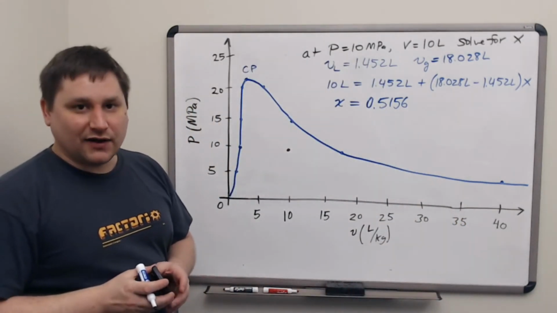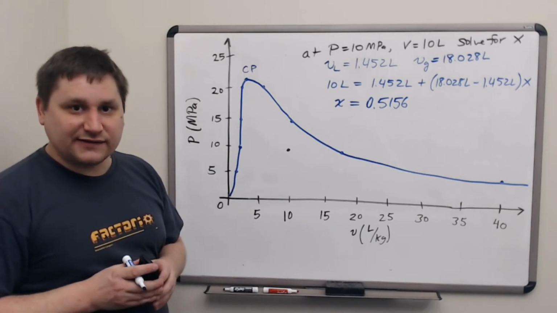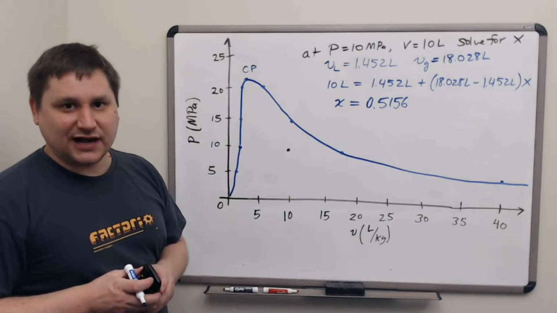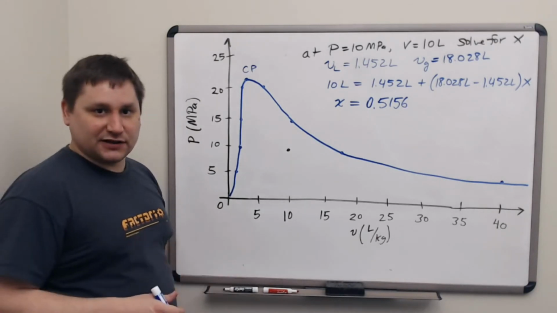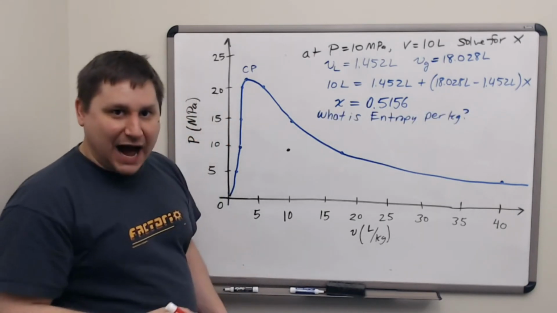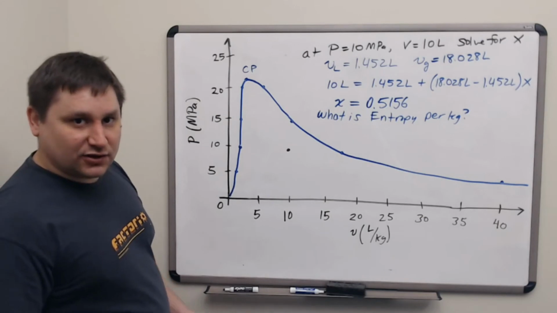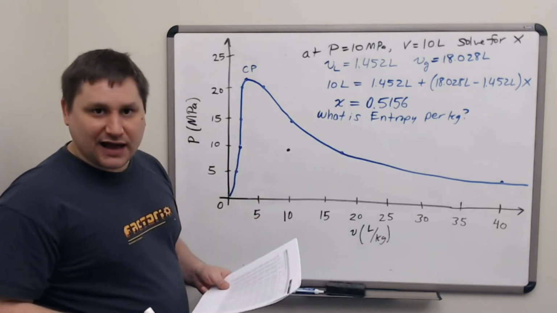With the quality value known, we can now answer a host of other questions about this system at this specific pressure and volume. For example, what is the entropy per kilogram? To solve for this, we will now use the lever rule, but in the opposite direction. We again need to look up the entropy in the pure liquid and the entropy in the pure gas phase.